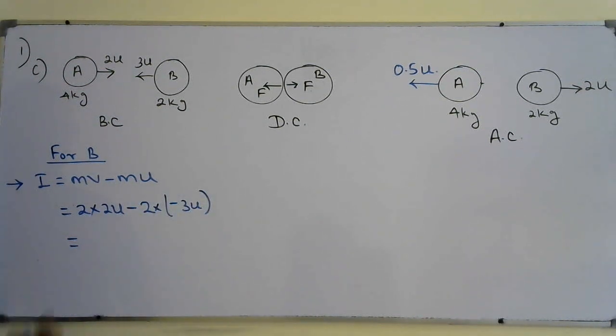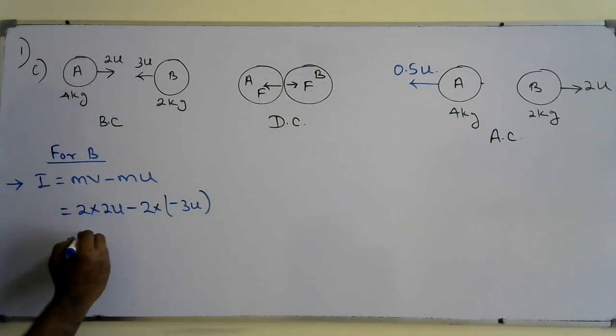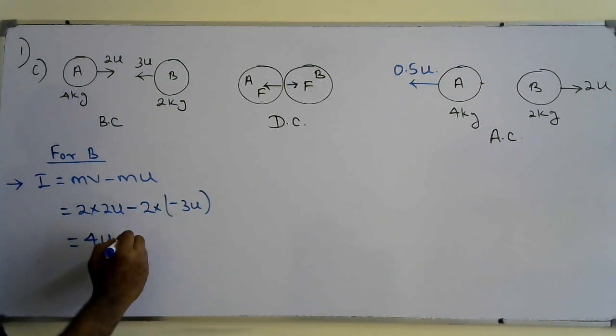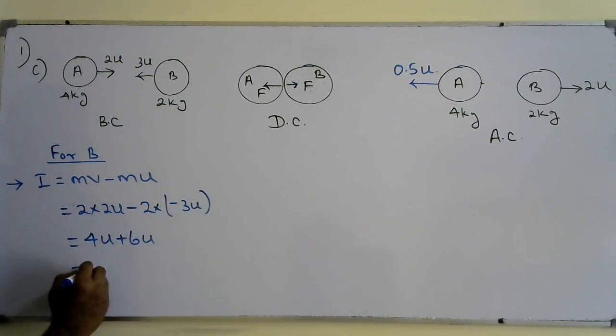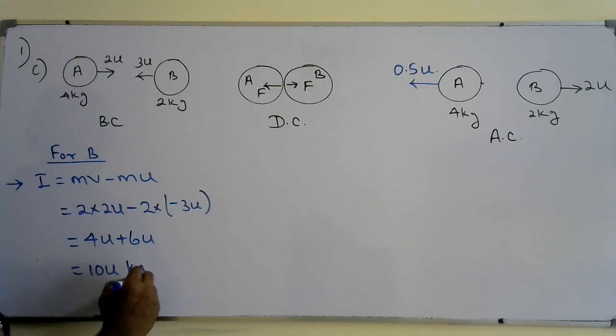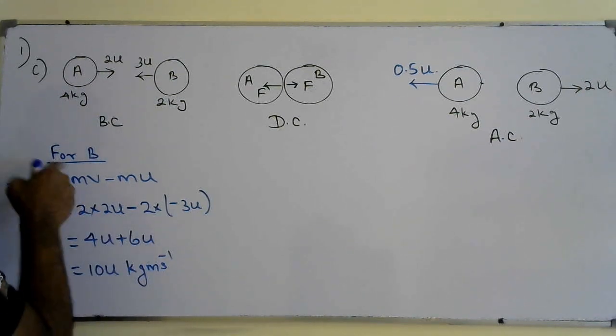Solve it: 2 into 2u is 4u, minus minus plus 6u, so it's going to be 10u. The answer is 10u. The unit is kilogram meter per second. So I did it for B.